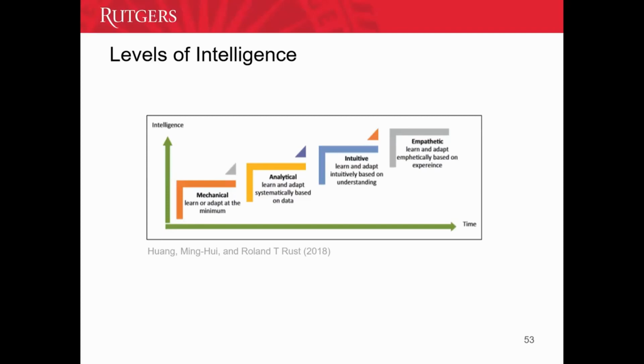And then the third level of intelligence is intuitive intelligence. Intuitive intelligence enables AI to learn and adapt intuitively based off understanding. This is a very sophisticated level of intelligence that not many artificial intelligence exhibit.